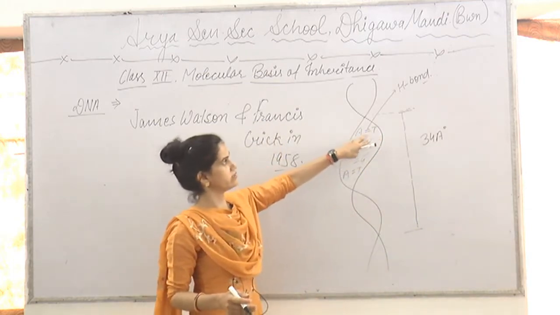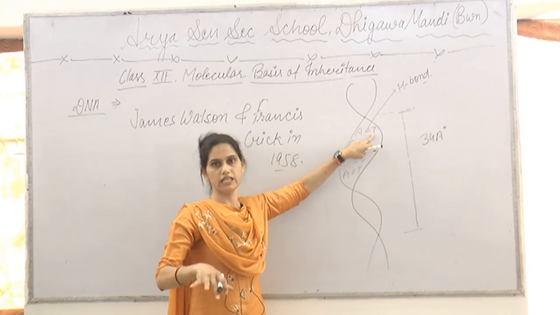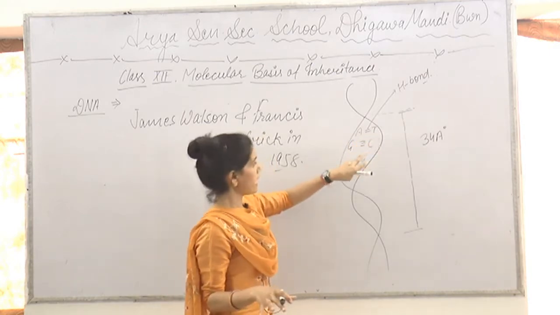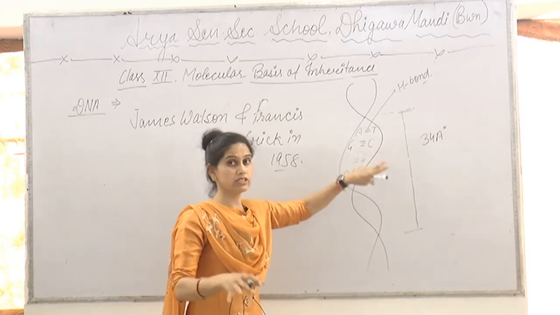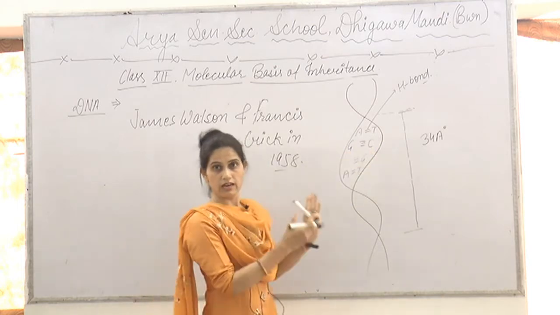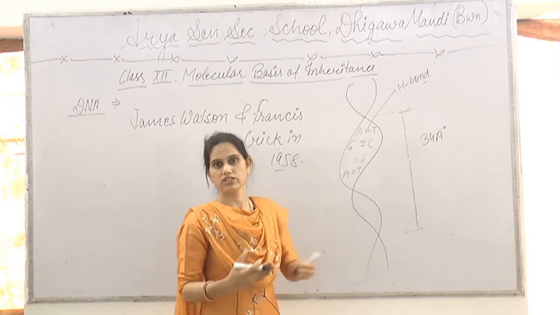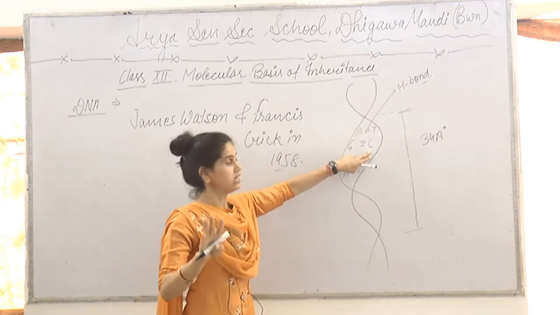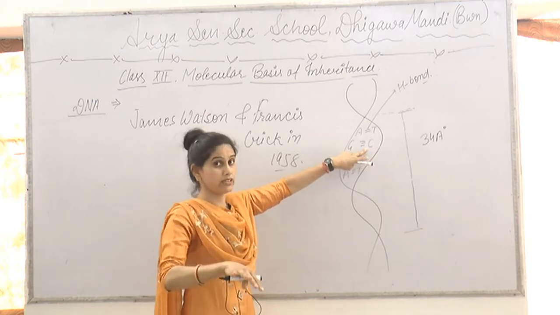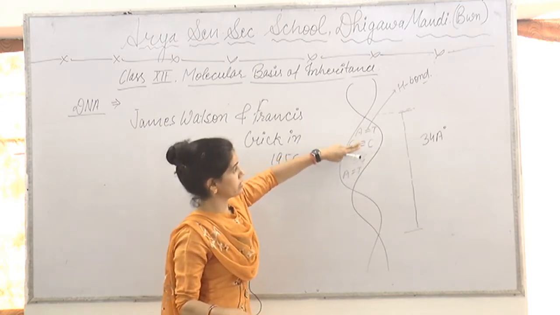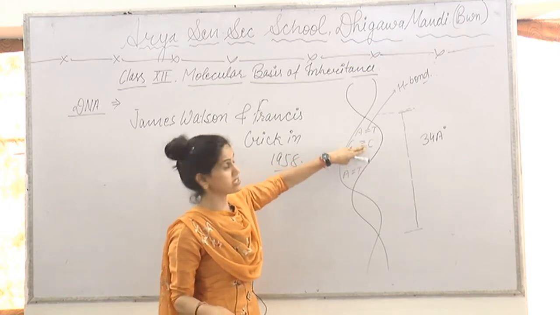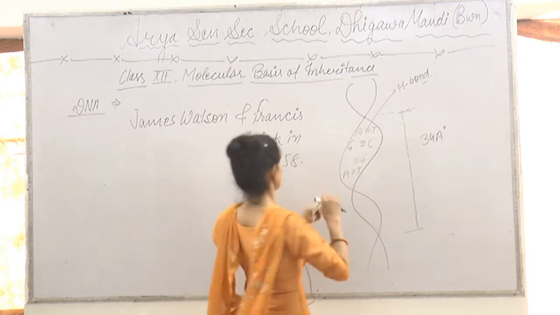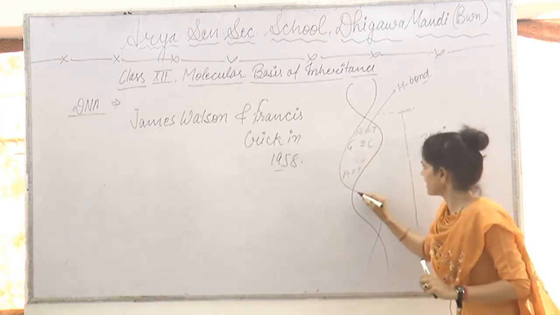Because the chemical structure of adenine and thymine has 2 bonding sites, and in the last video we discussed the chemical structure of guanine and cytosine, which have 3 binding sites. That's why there are 3 hydrogen bonds between guanine and cytosine, and 2 hydrogen bonds between adenine and thymine. Okay, let's start next.